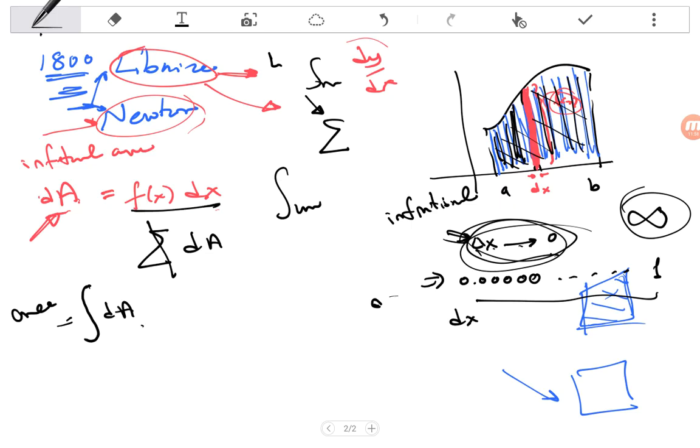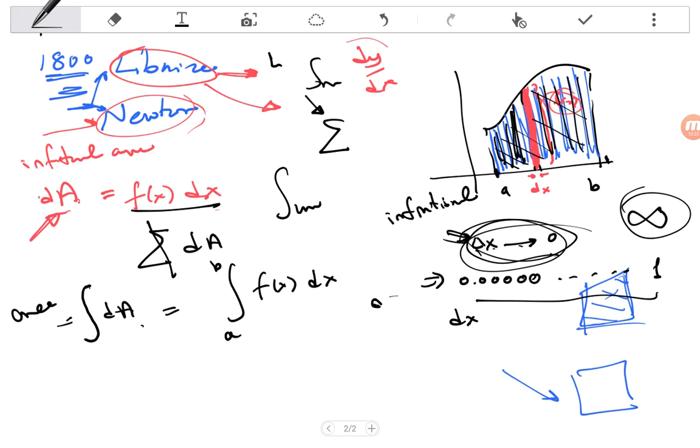What is dA? It is this expression. So from that he got the expression for the area: the sum of f of x dx, summed from a to b, from that value to that value. That is the area under the curve.